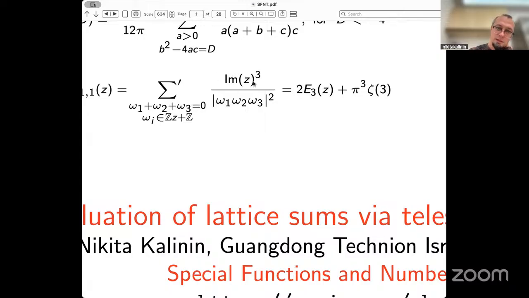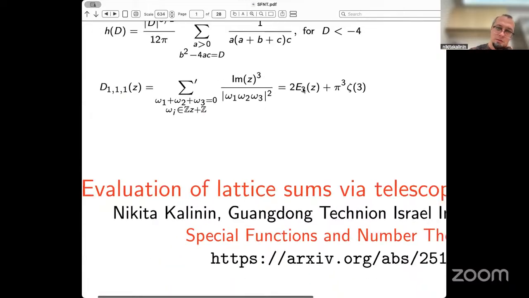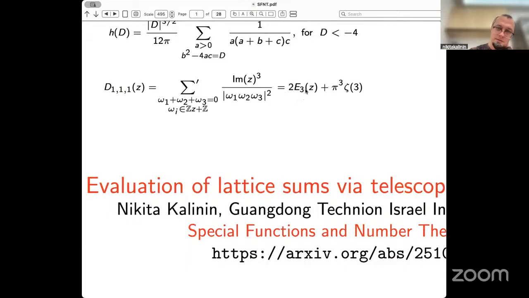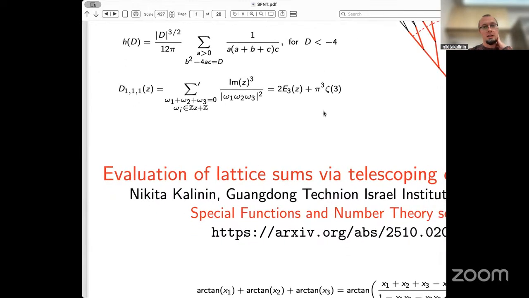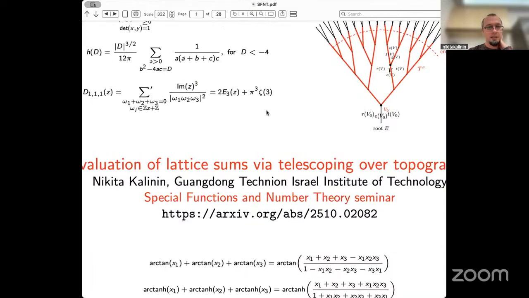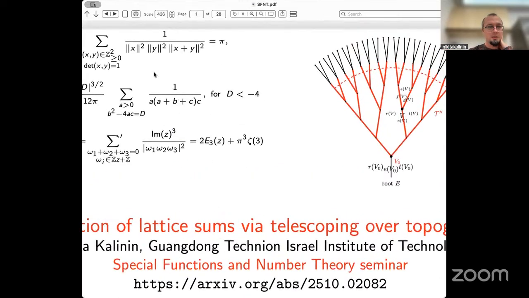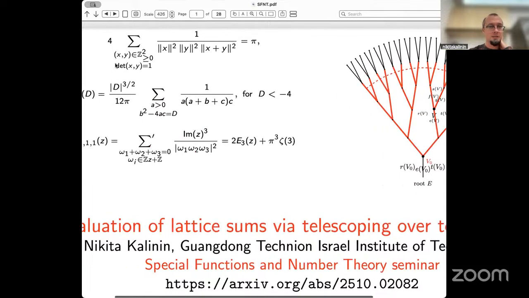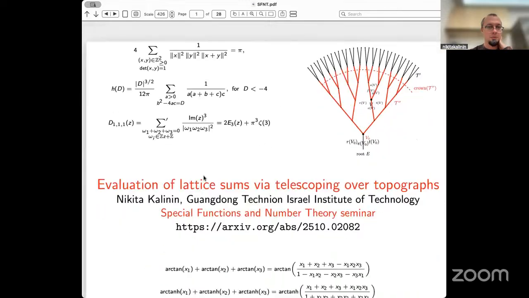You also put here the imaginary part of z. That's equal to this Eisenstein series plus p cube z of 3. So that's the Zagier identity. And actually it's equivalent, because here you have three complex numbers, and here you have a product of three squared lengths of vectors. Here you have determinant 1, and here you don't have this condition, but you have something more complicated on the right. So it can actually be proven that it's equivalent.